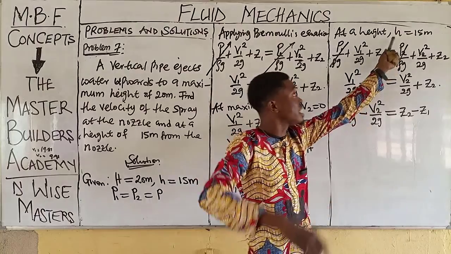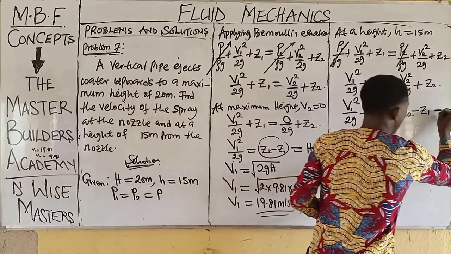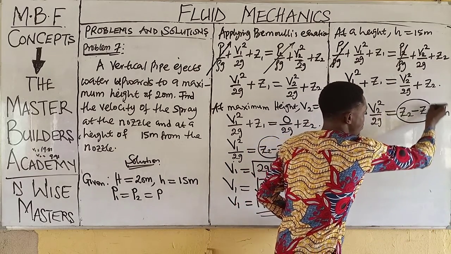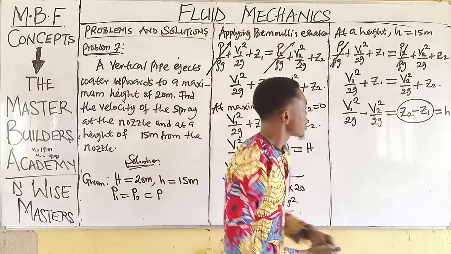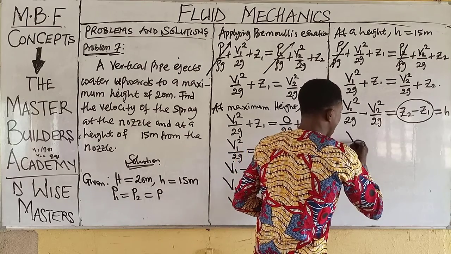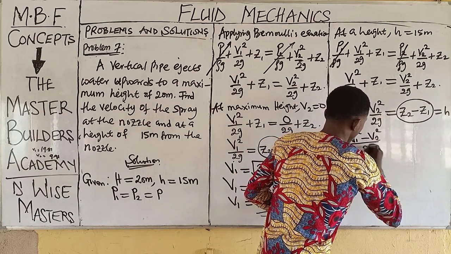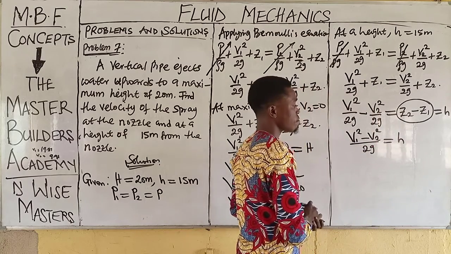In this case, the h that we have here is small letter h. So this is equivalent to h. Are we there? Now the denominator between these two is the same. That is to say, I can have v1 squared minus v2 squared all over 2g. This is equivalent to h.